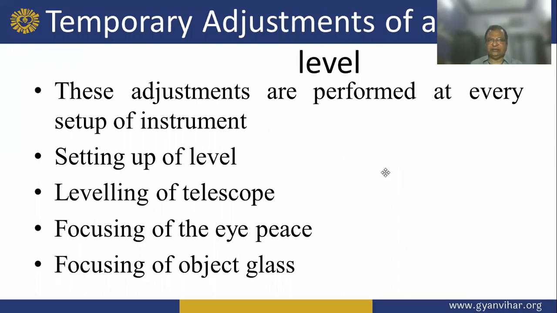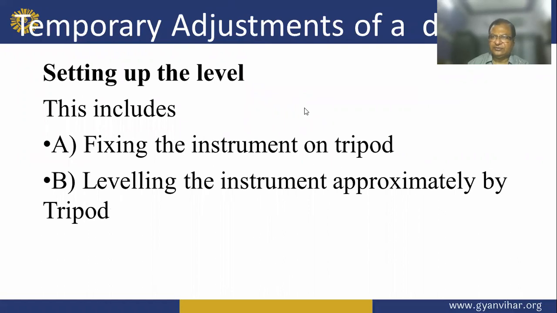Now we will discuss temporary adjustment of the level. These adjustments are performed at every setup of the instrument: setting up the level, leveling of the telescope, focusing of the eyepiece, and focusing of the objective glass.